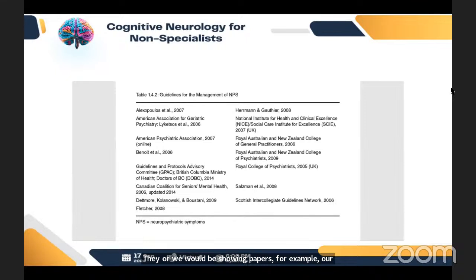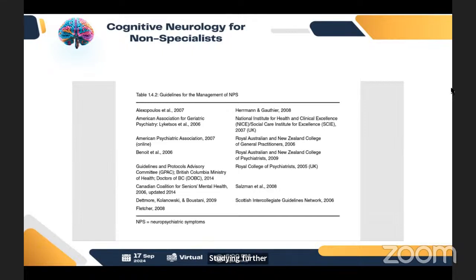Just not to confuse you with this, it's very complex. There are different guides all over the world of how to treat the neuropsychiatric symptoms, for two simple reasons. It's very complicated and difficult to treat, and it needs a lot more study to know how to treat it.